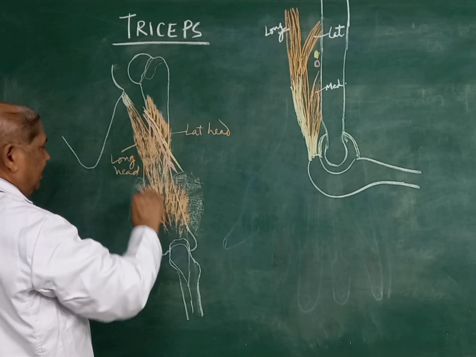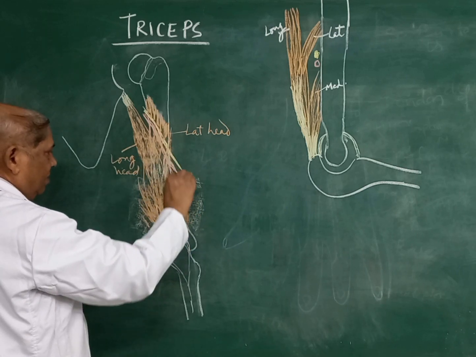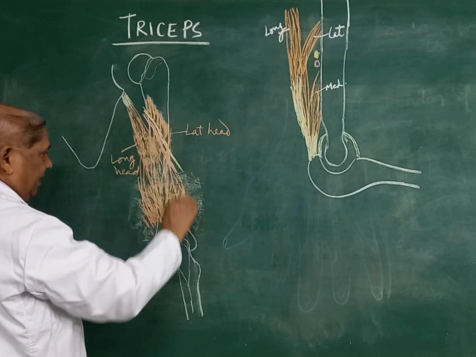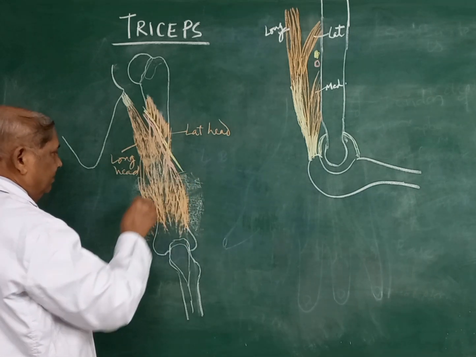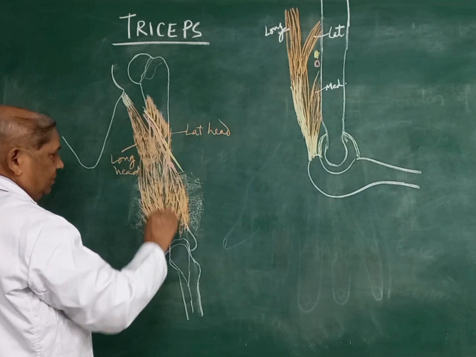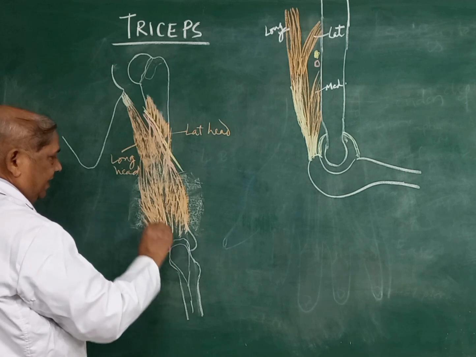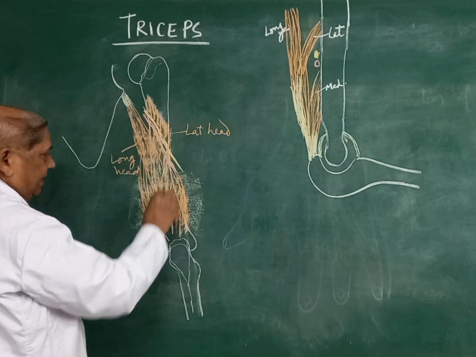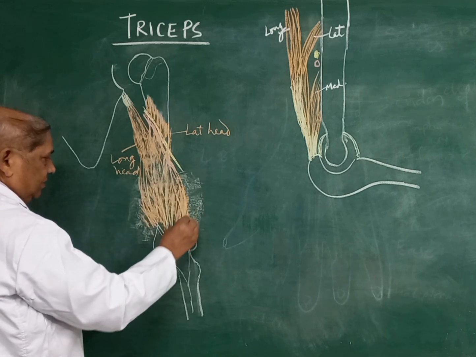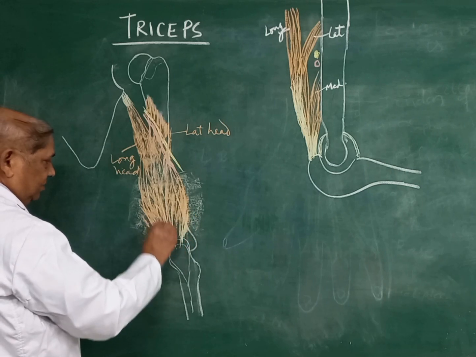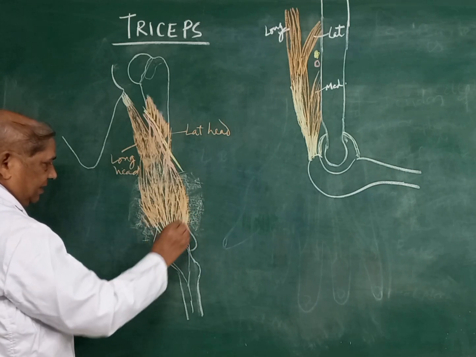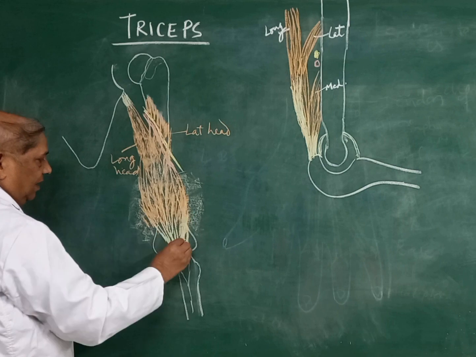So ultimately, a strong muscle is formed here, because of the union of the three different heads, and then its tendon goes and gets attached onto the top of the olecranon process of the ulna. A strong tendon, which you can feel at the back of your elbow, goes and gets attached onto the top of the olecranon process of the ulna.